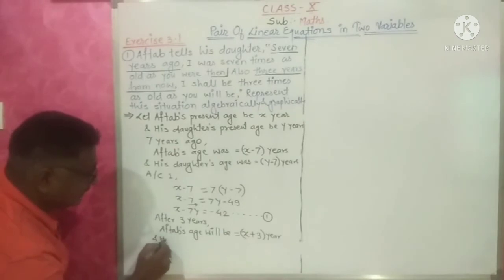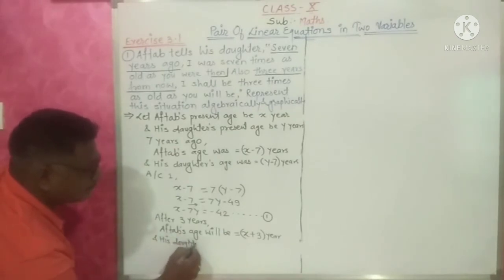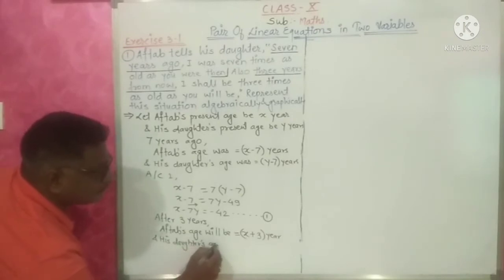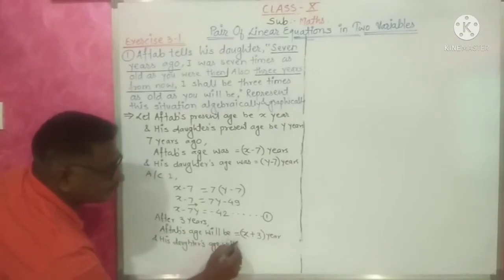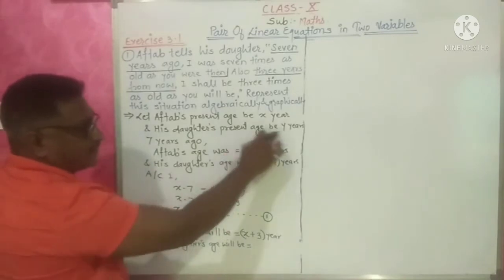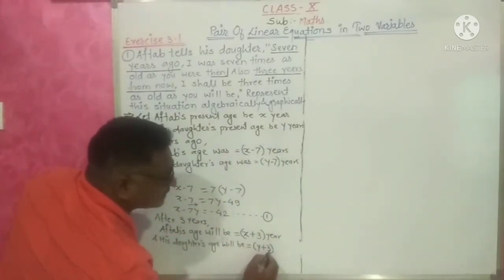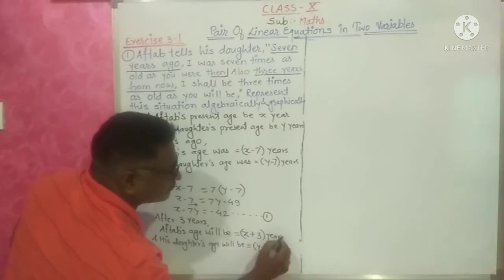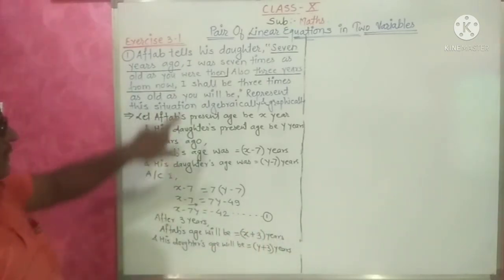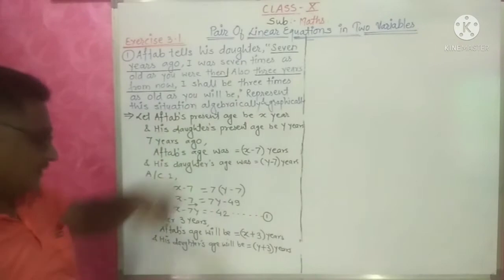And his daughter's age, which is y now, will be y plus 3 after 3 years. Now from here the second condition starts.